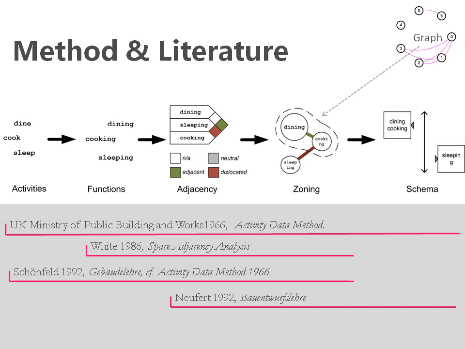And cooking and dining should be close, so we should have a green relationship. I can write that as a half matrix, because the relationship between dining and cooking is obviously the same. If I would draw a full matrix, I would fill in the same relationships twice. So I'm doing this half matrix.